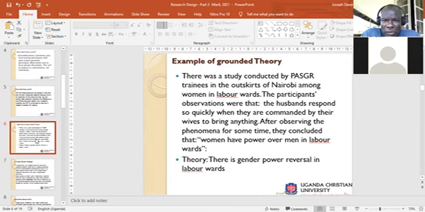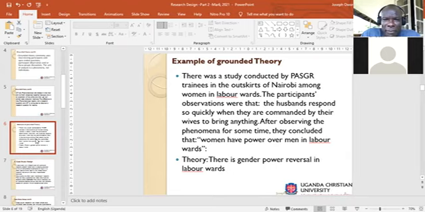The participants observed that husbands responded so quickly when they were commanded by their wives to bring anything. They kept on observing, bring a basin, and the husband runs. Bring a cup, bring me coffee, bring me tea, bring me this, bring a towel. And they keep running and running and running.